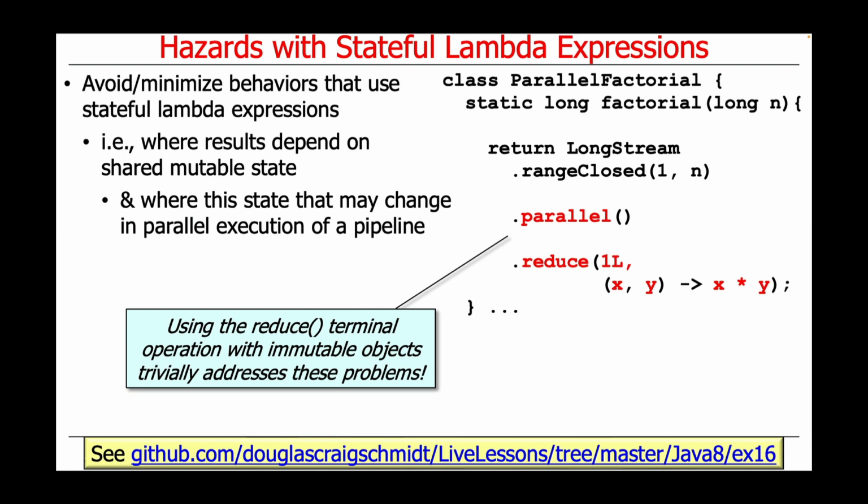And that will work perfectly fine when run in a parallel program. So just a couple things to remember about shared mutable state with streams. It doesn't like it. It works weird.